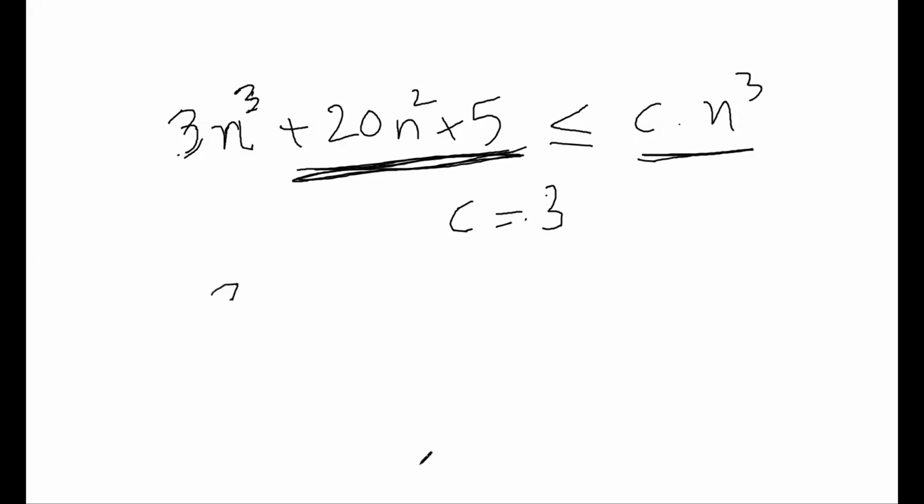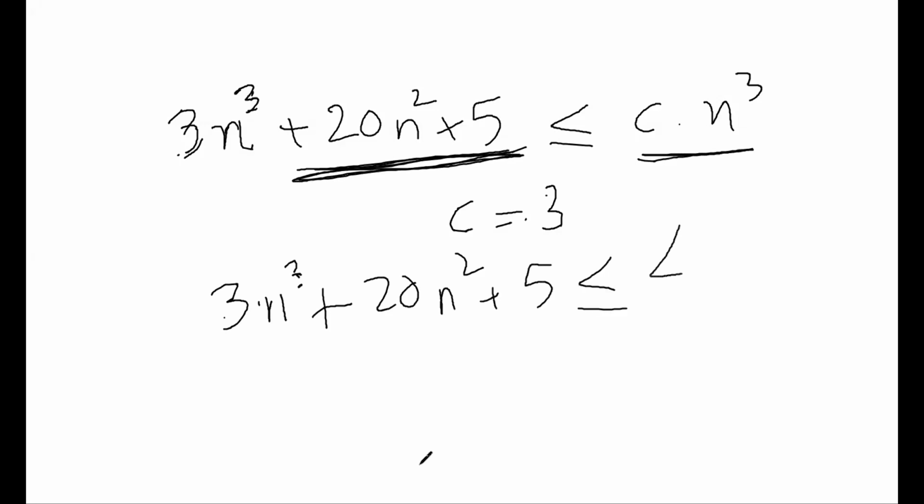So let's say 3n cube plus 20n square plus 5 is less than or equal to 4 into n cube. This may or may not be true. It depends on the value of n.